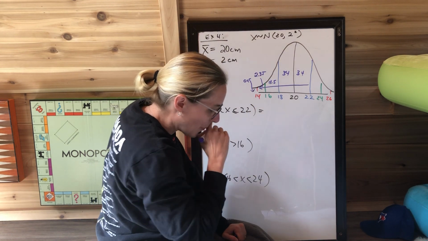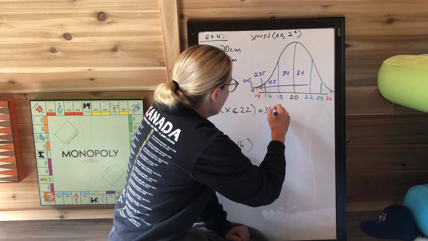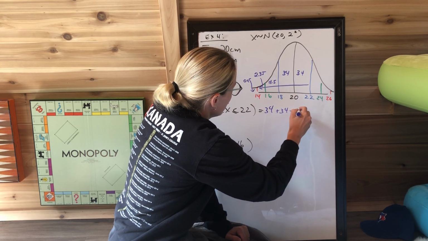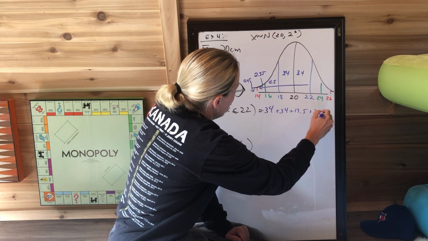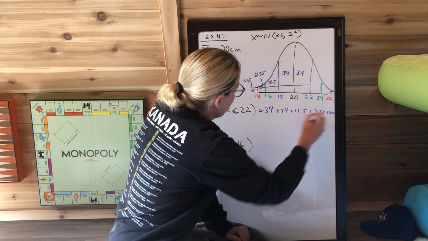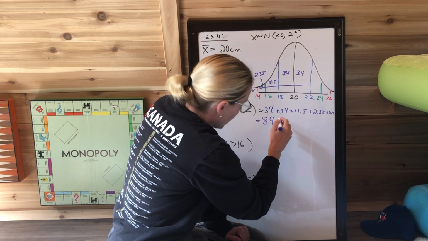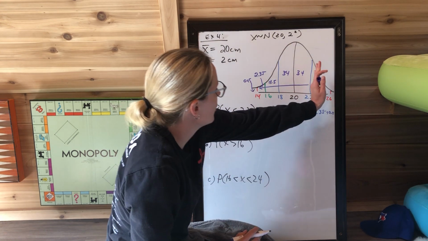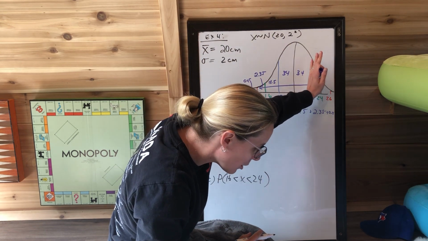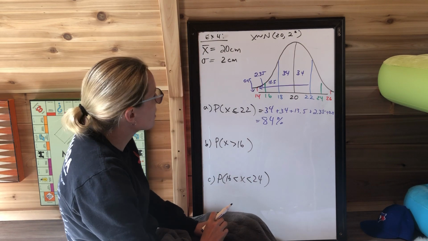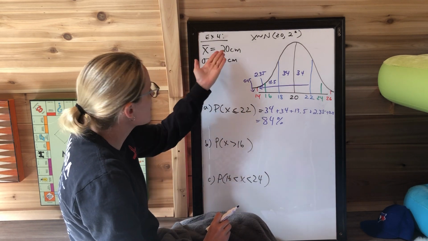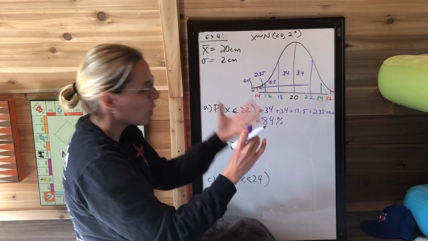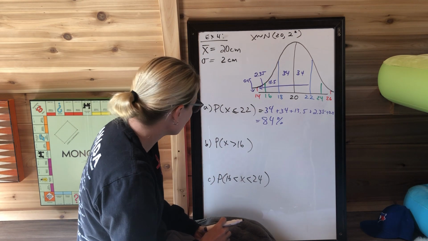So if you add all of those up, 34 plus 34 plus 13.5, 2.35 plus 0.15, I add all those up. I get 84% of all fish that are caught in this lake, wherever you are, less than 22 centimeters. Okay, that makes sense because the average is 20. So obviously a large portion of them are going to be less than or equal to 22.